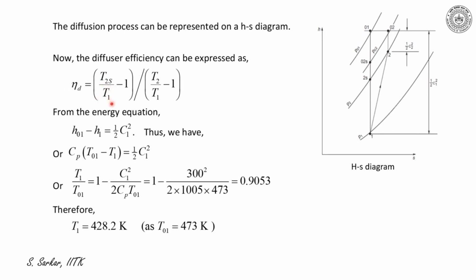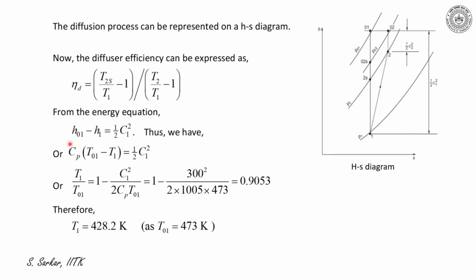T2s by T1 minus 1, divided by T2 by T1 minus 1. Now, the point T2s is given here, which represents the isentropic temperature rise in the diffuser.